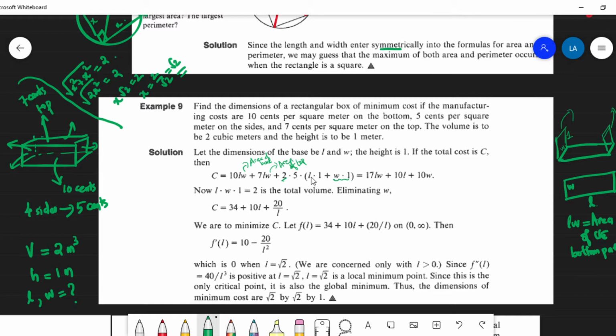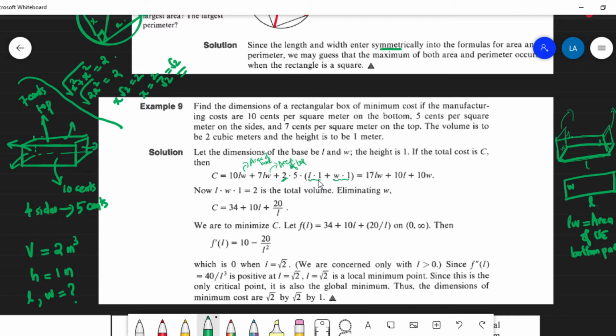And then you have the sides coming here, this one. Here this is the length, and this is the height, that is 1. So you have L into 1 for that side, and on the opposite side the same kind of side is there. So you have two of that area, L into 1. So that is a 2 here, and you have taken the 2 outside the braces.